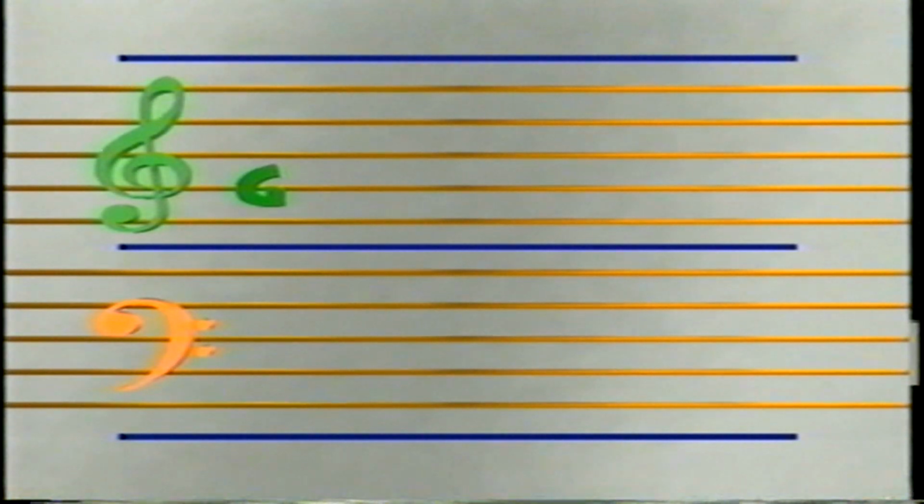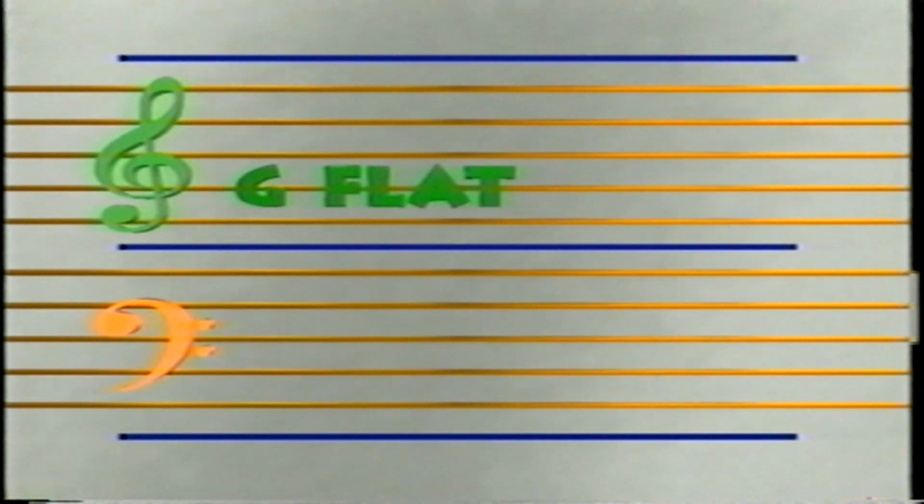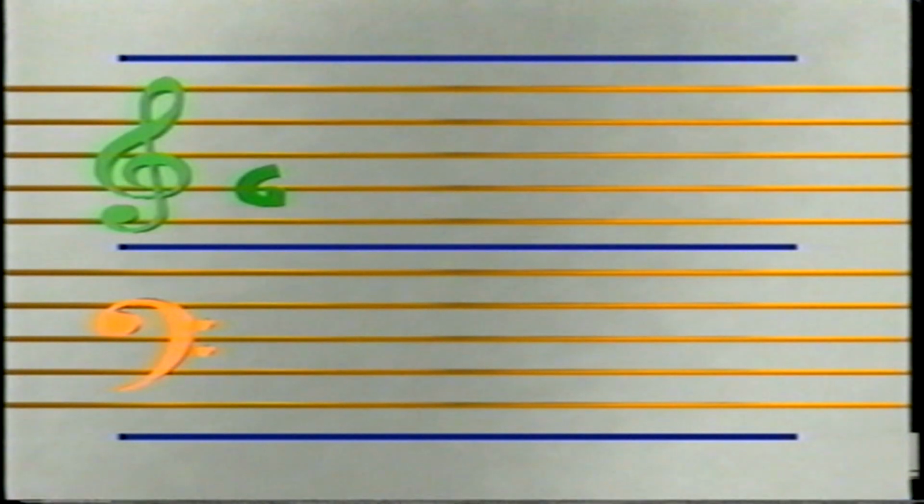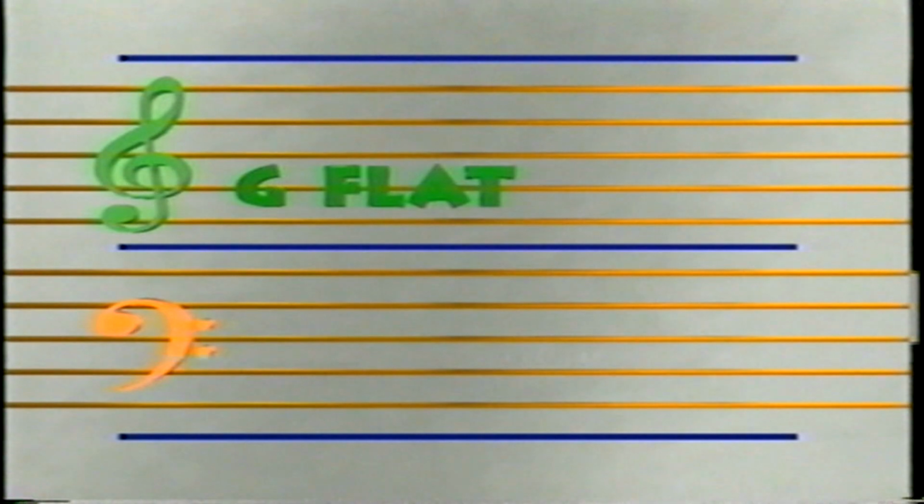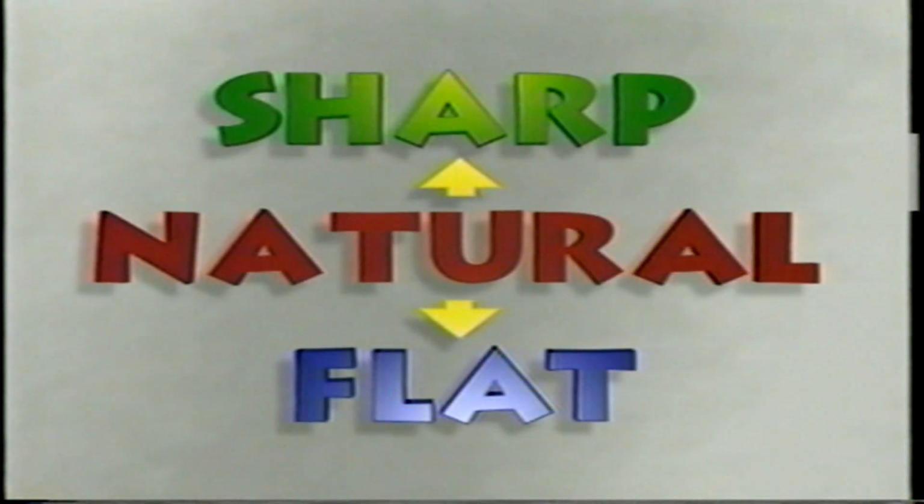And if we go down in pitch 1/2 a step from G, that pitch is called G flat. Again, G sounds like this, and G flat sounds like this. Remember, every musical pitch on the scale has a sharp and a flat pitch.